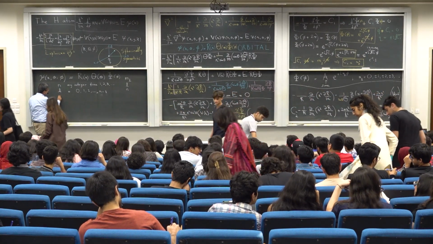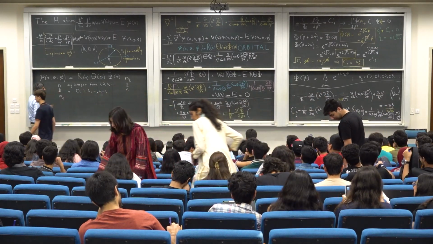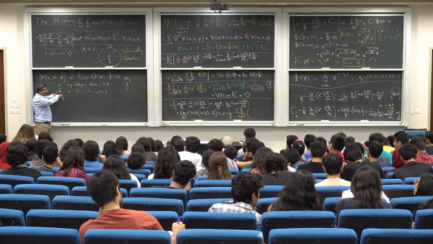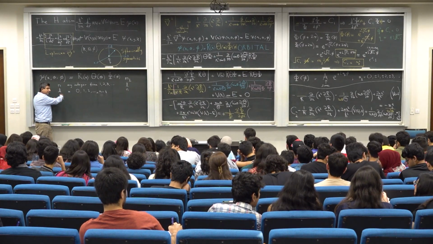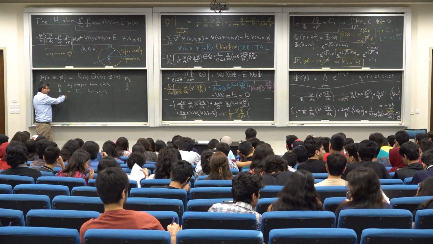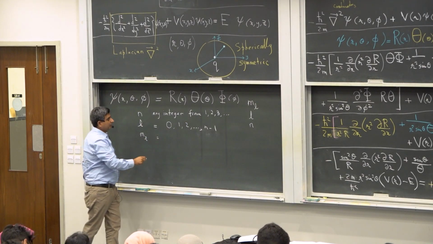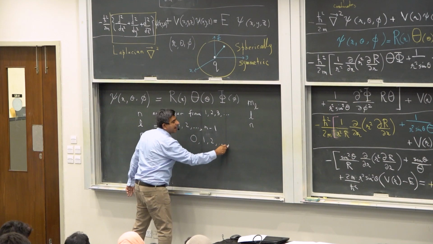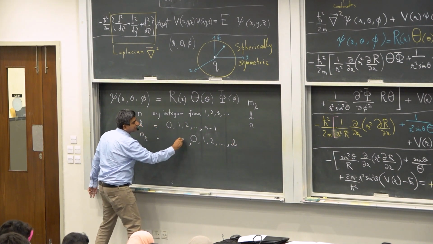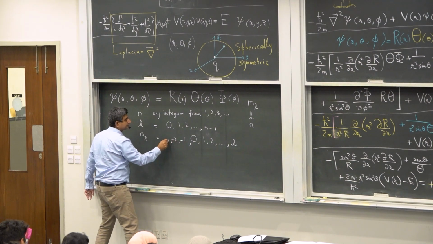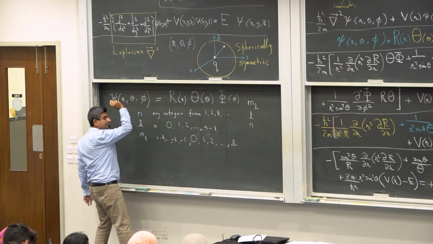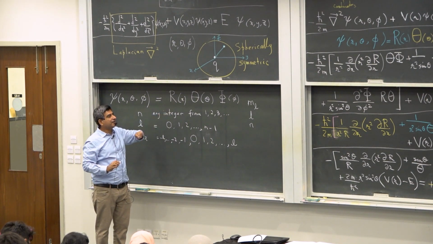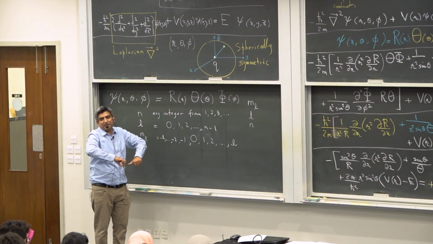The third is ml. So L depends upon n. The values L can take depend upon n. The values ml can take depend upon L. ml for a given L could be 0, 1, 2 up to L, but since ml can be negative, this could be minus 1, minus 2, up to minus L. And these wave functions are now dependent upon these quantum numbers.